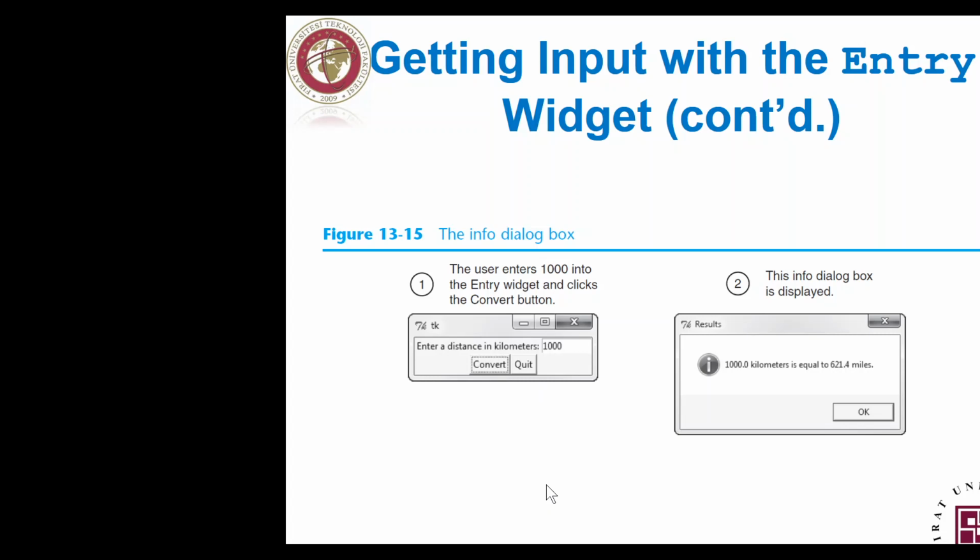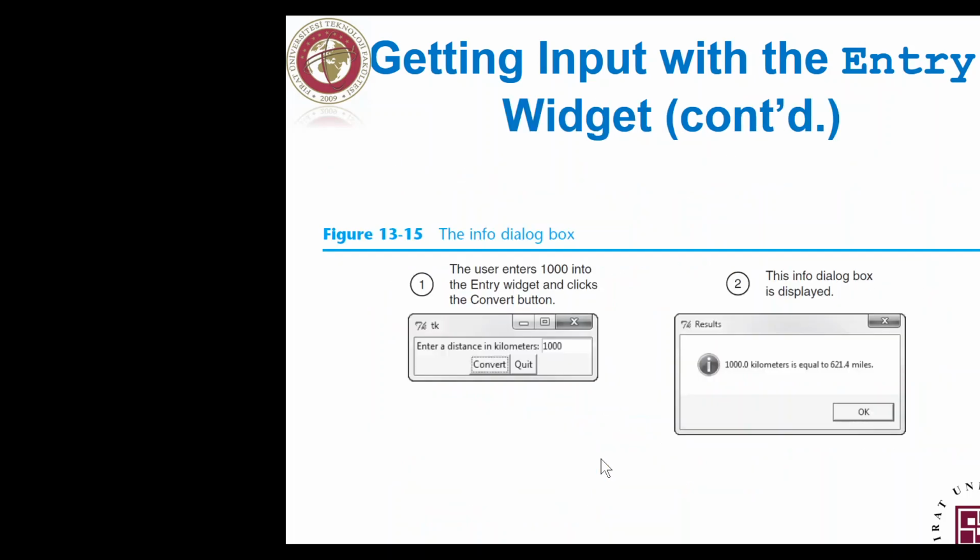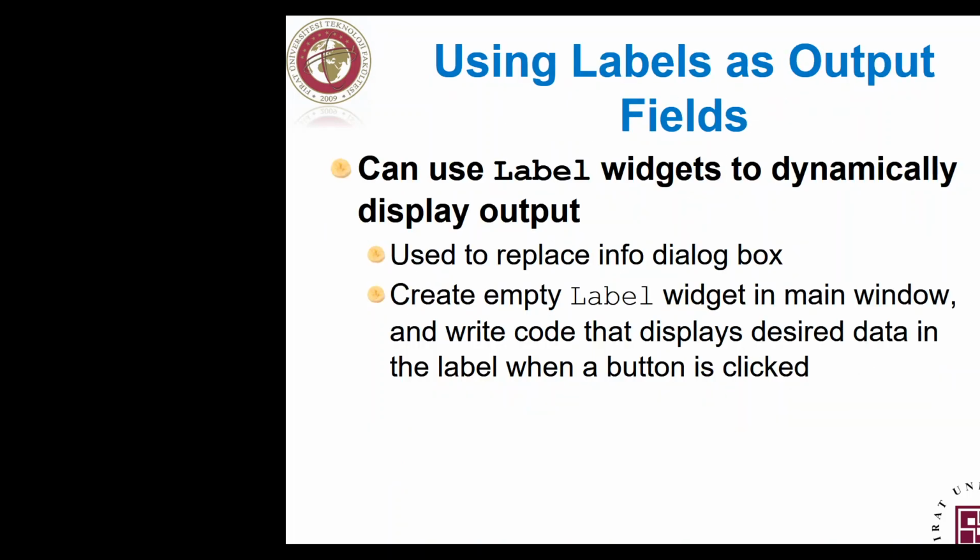Just understand the idea that we have an entry where we can get some input from it in GUI applications in Python. We can use a label. We explained about labels before in the first GUI session, the first part of chapter 12. We said we use it for displaying text or displaying things. We can use a label for displaying output also instead of dialog boxes.